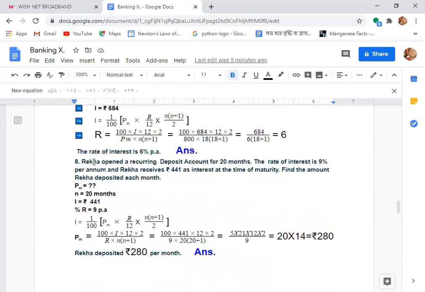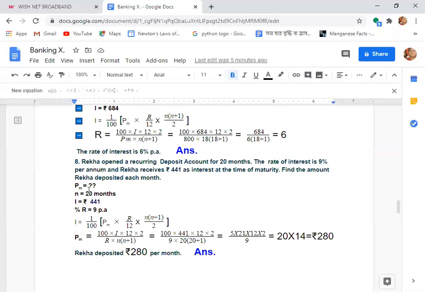Number 8 is Rekha opened a recurring deposit account for 21 months. Just change the months from 18 to 21. Rate of interest here is given 9% per annum. Rekha received total interest of 441 at the time of maturity. Find the amount Rekha deposits. That is the per month installment amount you have to find out.